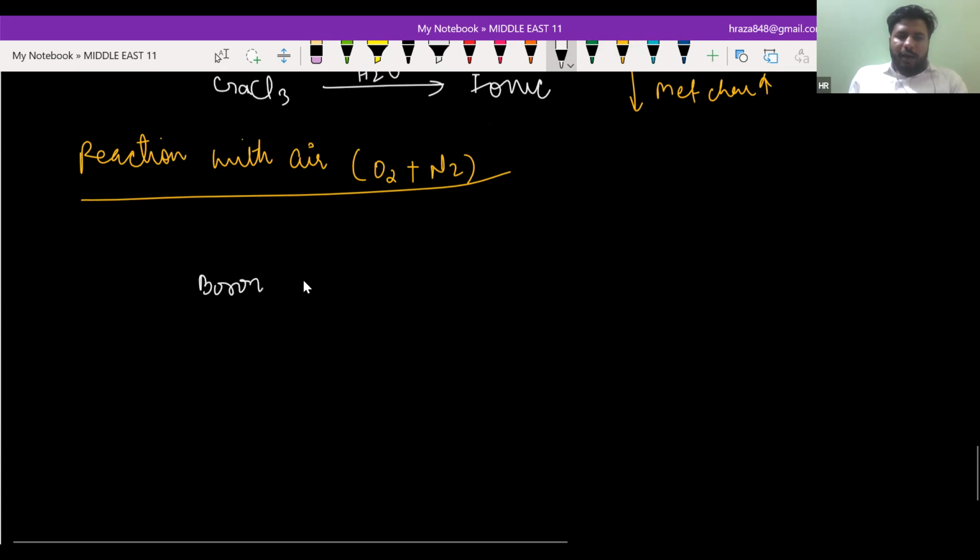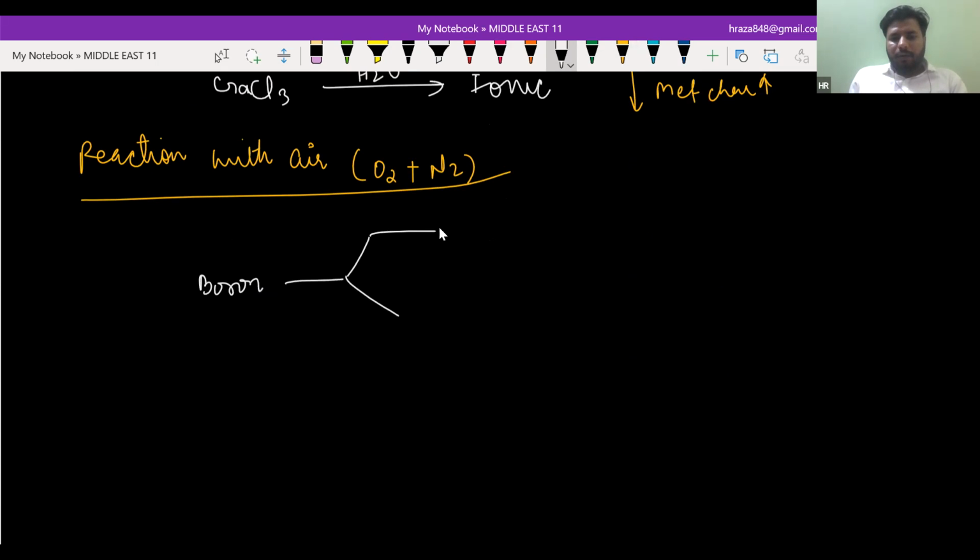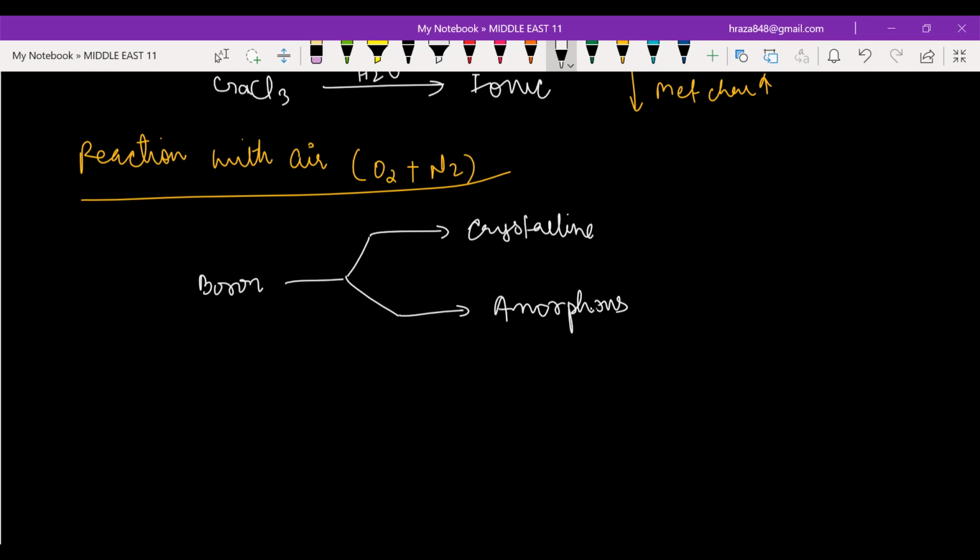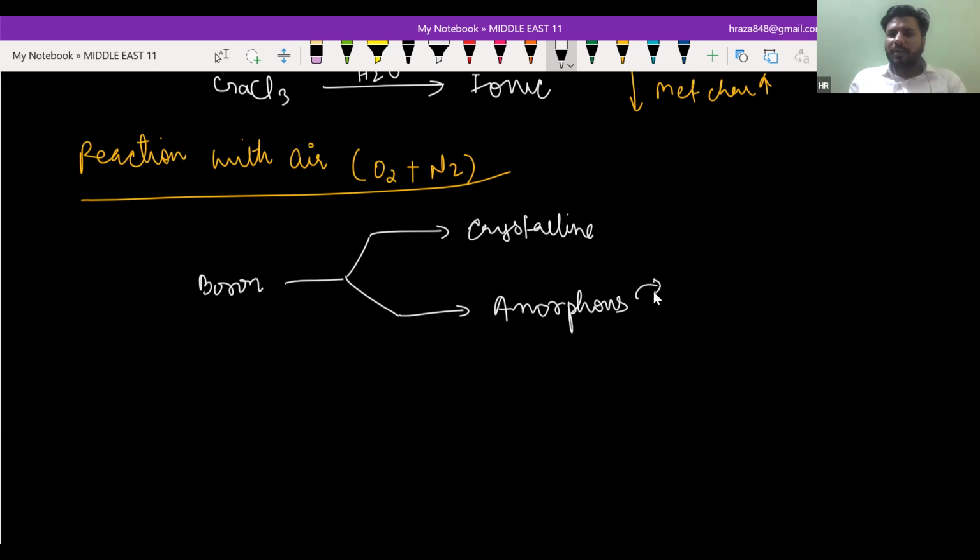First, boron has two forms. One is crystalline and another is amorphous. Do you know crystalline and amorphous, Krishna? Sir, can you explain amorphous? Amorphous and crystalline are solids classified on the basis of the arrangement of their constituent particles.